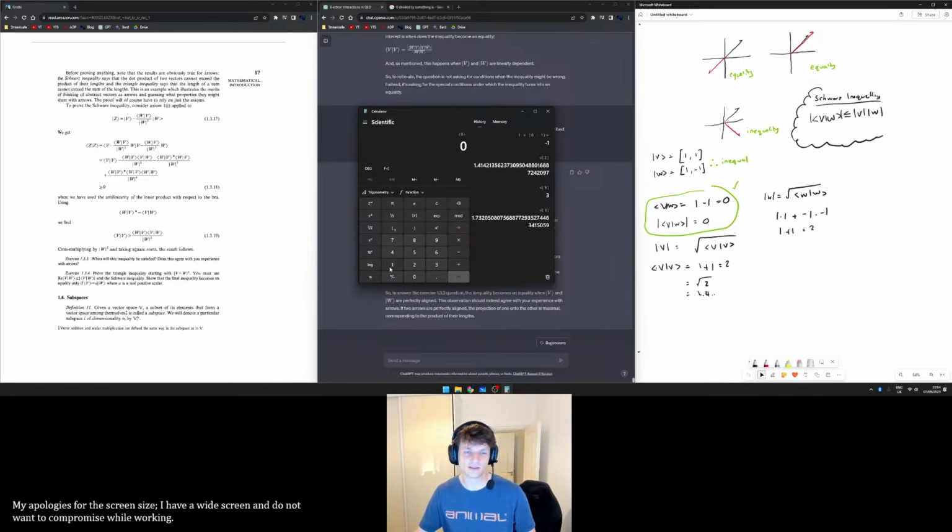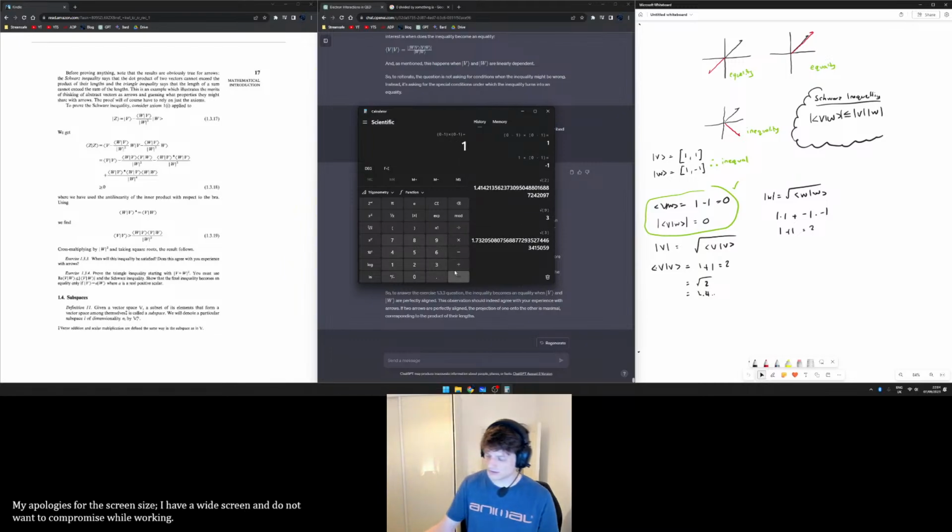Negative 1 times negative 1 equals 1. So then it's 2. And so the square root of 2 is 1.4.